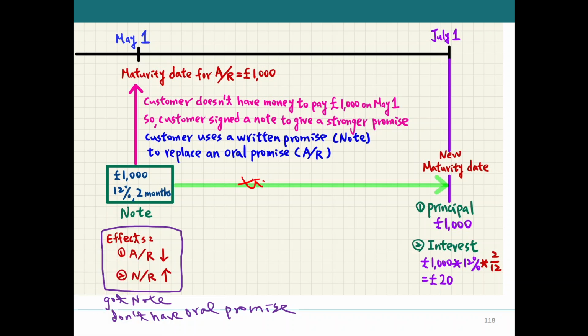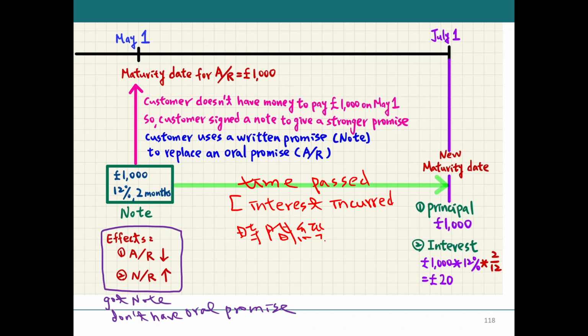So later on, when time passed, don't forget interest is incurred. 时间经过，利息就产生了。Okay, so after 2 months at the maturity date, how much money can you get?